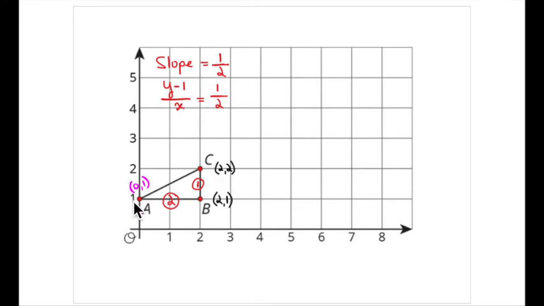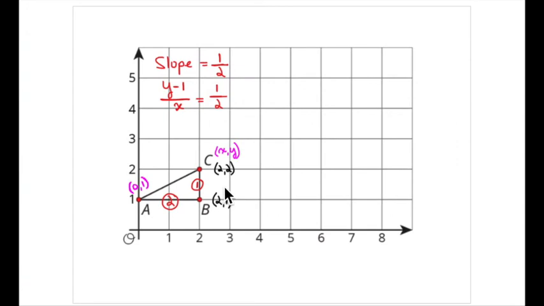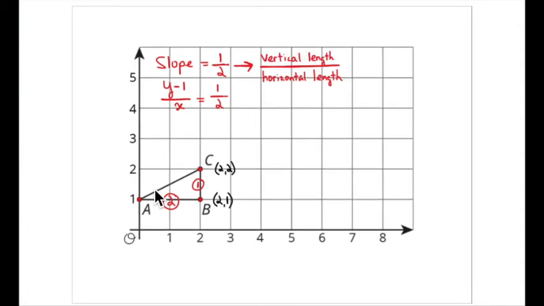So if you wrote it as x and y, the horizontal distance would be x minus 0, or just x. That's why this is just x up here. And the vertical distance would be y minus 1. That's why this is y minus 1 up here. So you have to subtract this 1 to be able to write the equation for the vertical distance, which is just 1 unit in this case, because 2 minus 1 is 1.